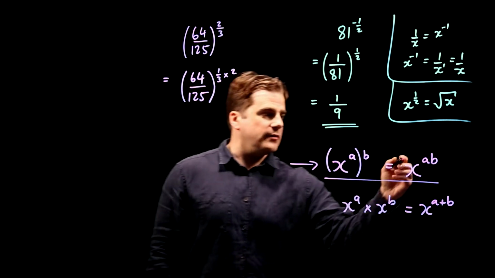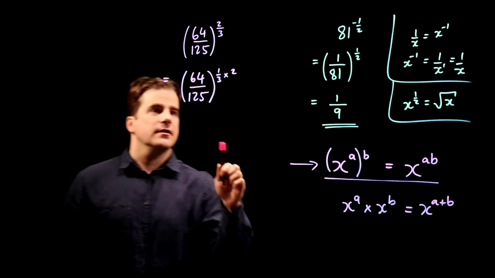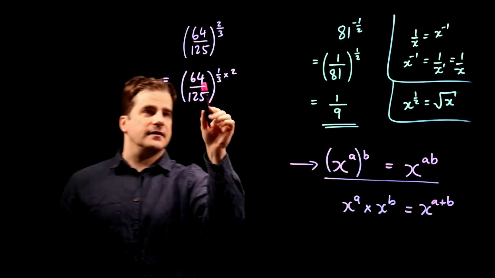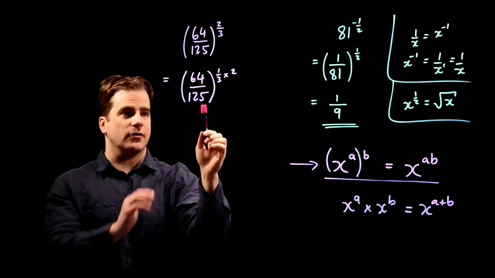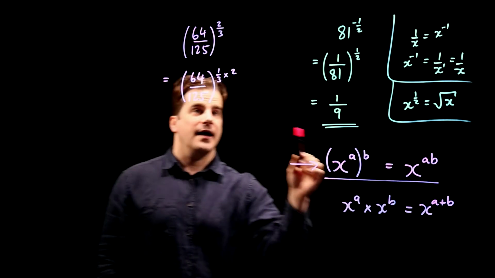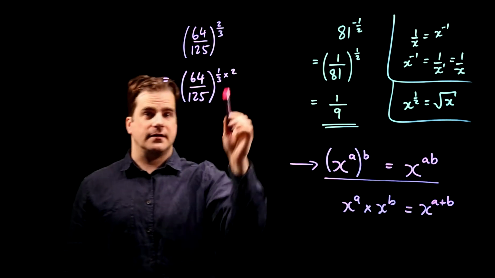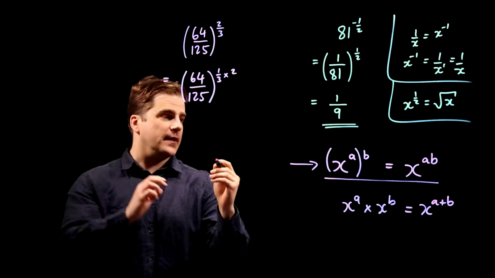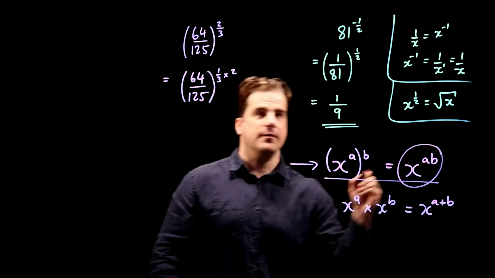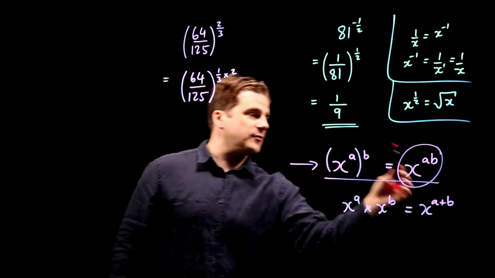And we're going to go in that direction, actually. So the x is this whole thing, 64 over 125. A is a third and b is 2. So it's currently in that form there, a third times 2.